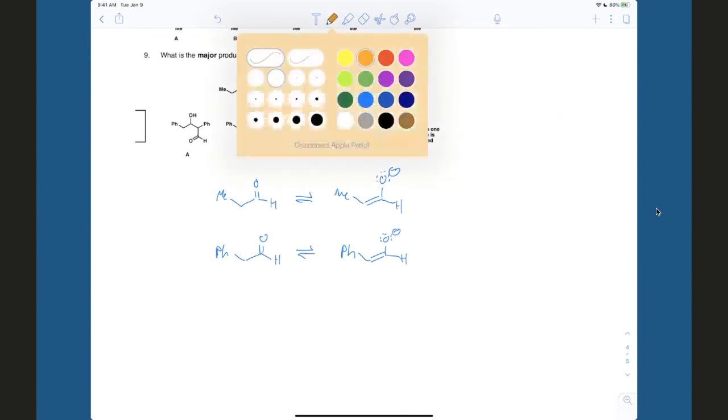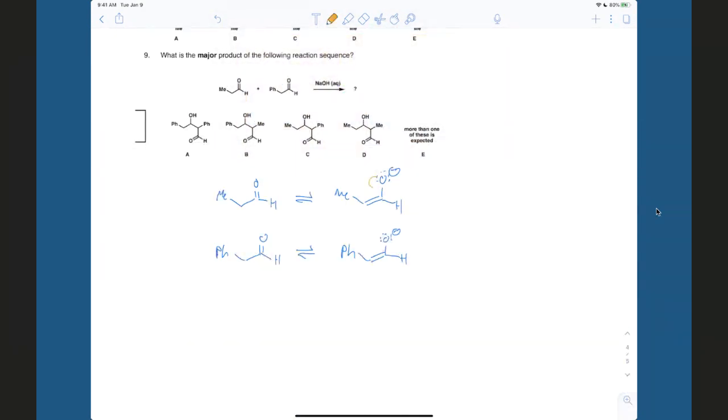So to sort of visualize this, we could have this attack this aldehyde. This could also attack this aldehyde. Or we could have this aldehyde attack, or it could attack this aldehyde. So you'd expect 4 different products. There's no tricks here.